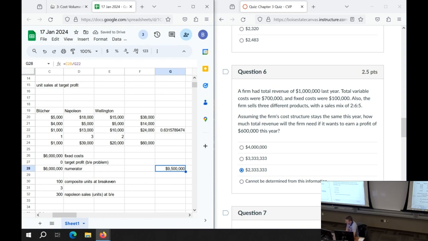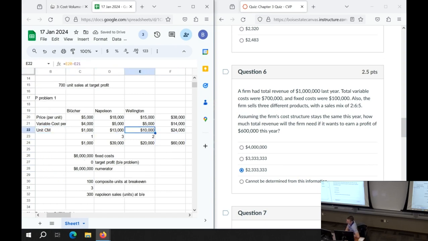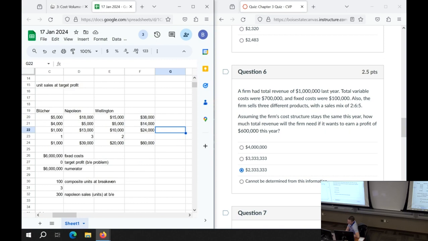Honestly, I'm not going to worry about moving back down to get to units here because, yeah, this is fine. If you're required to go the CM ratio route, the problem would be asking for this number in the end. So you can elide a bit of this issue by taking these overall numbers and getting the CM ratio that is inferred by these. No, I know what I did wrong. Yes. Okay. This is why I did it wrong, because I'm on the fly adapting this problem to a different one.